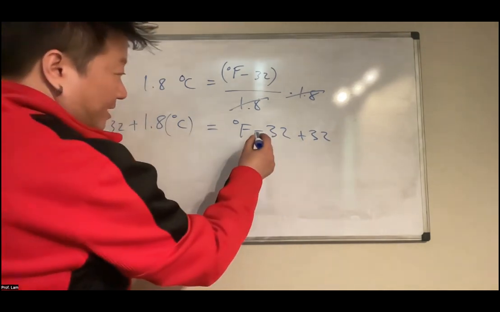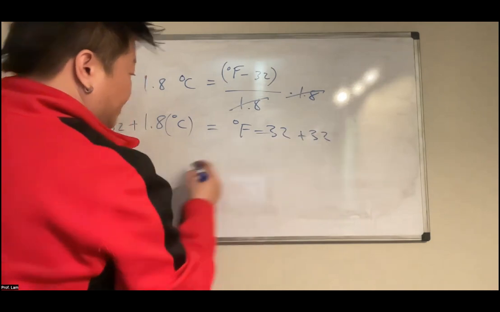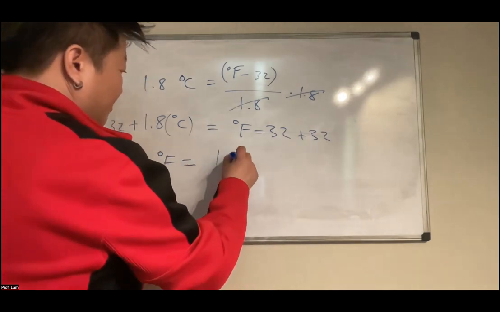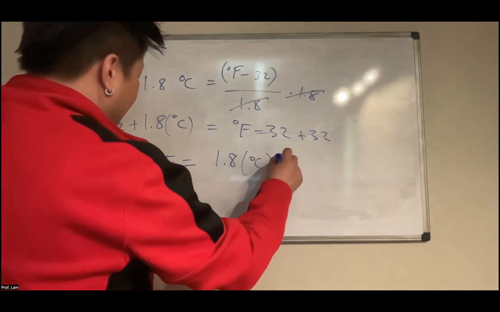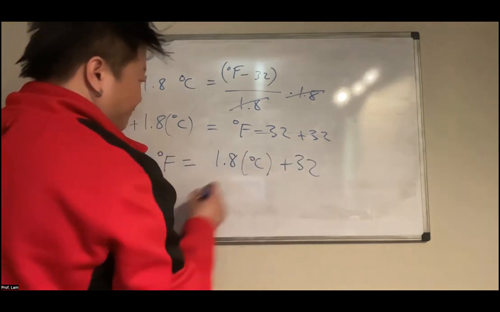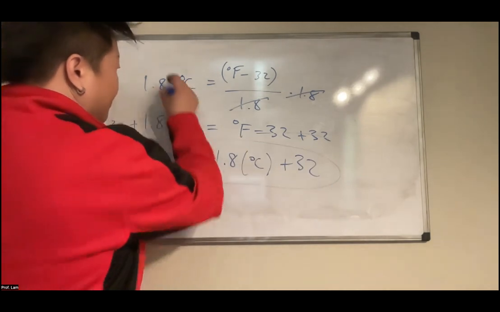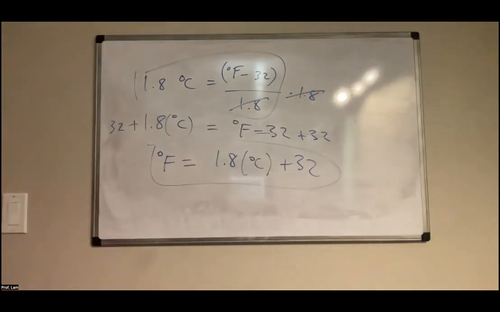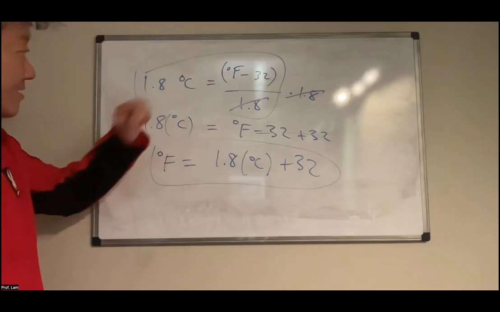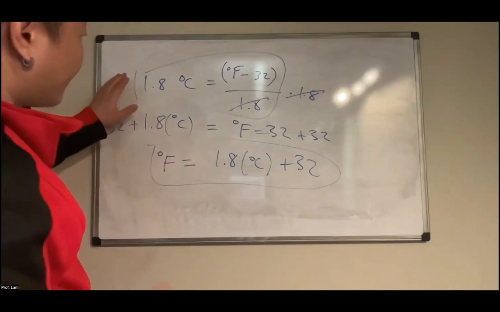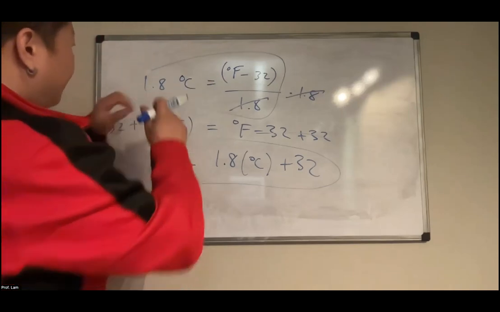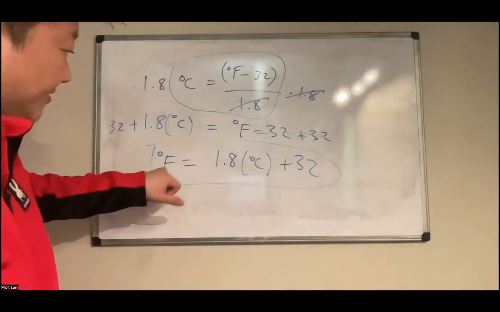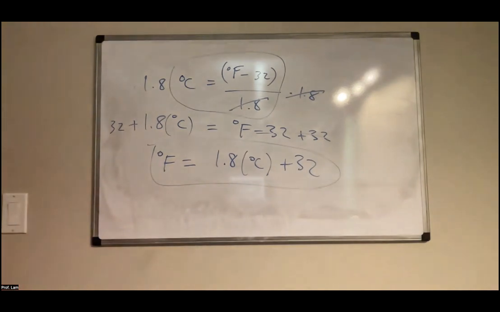Okay, so in the end, minus 32 plus 32 cancels. So Fahrenheit is equal to 1.8 times Celsius plus 32. Okay, so those would be your two equations here. One is going from Fahrenheit to Celsius, and the other one is going from Celsius to Fahrenheit.